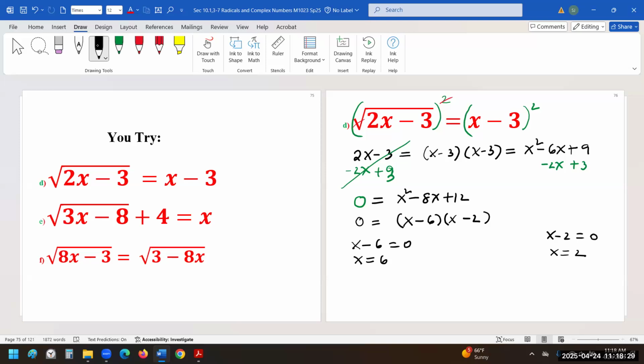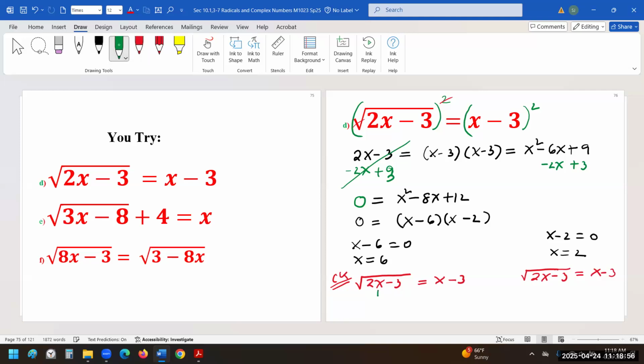But just because I got them, it doesn't mean we can stop. We must check whether they are correct or not. So we go back to the original equation, square root of 2x minus 3. The result has to give us x minus 3 for both cases.